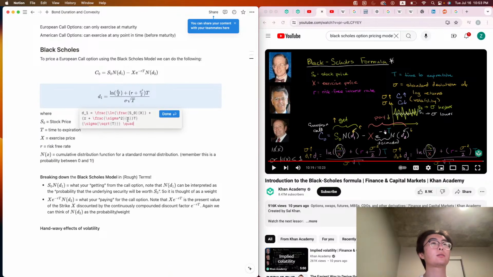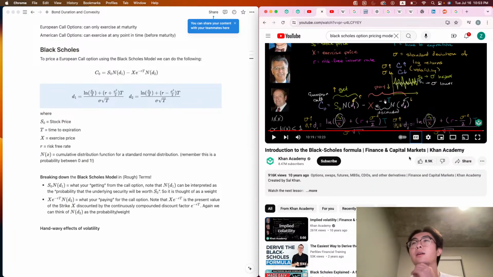So D2 is equal to ln. So it's the same thing, but in this case we subtract, times t. And okay, so it's the same exact thing actually, except we just flip the sign here.